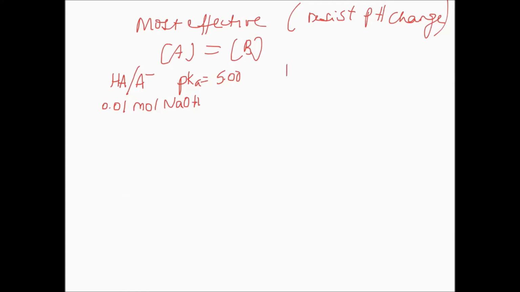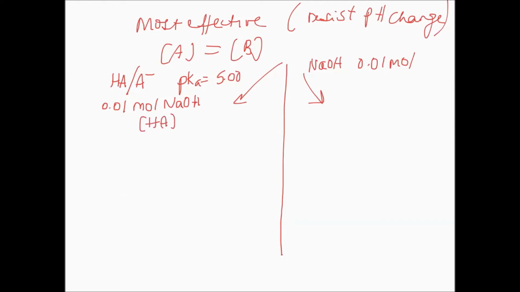That's what I want to do. So we are going to probe two situations. We are going to add 0.01 moles of sodium hydroxide to both of those solutions. Both of the solutions contain HA. Both of the solutions also contain the conjugate base A minus.